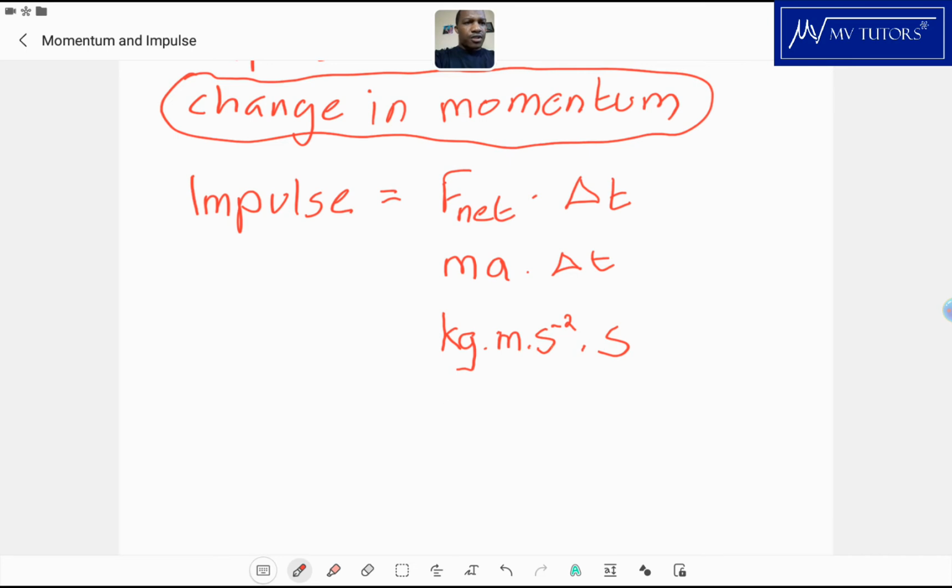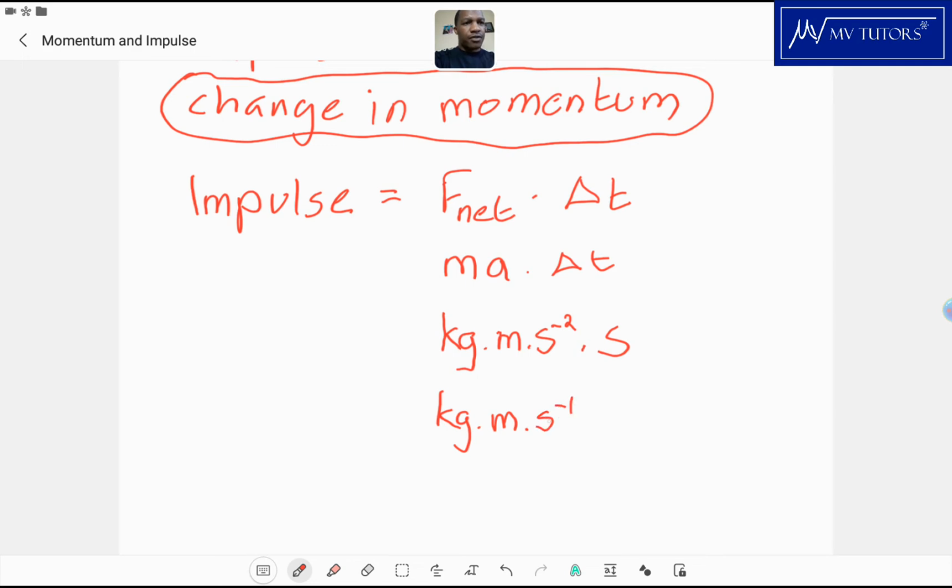So if we multiply these all together, we have s to the minus 2 and s to the 1 there. If you know your mathematics of exponents, you just add the exponents to give you 1. So eventually we'll have kg m s to the minus 1.